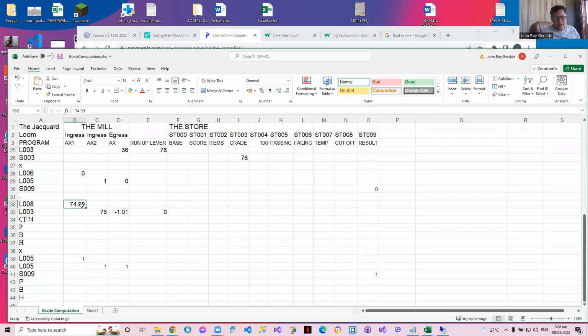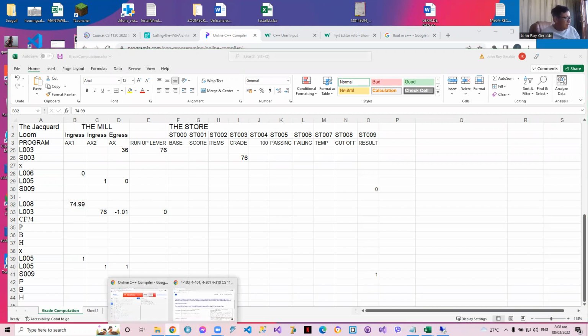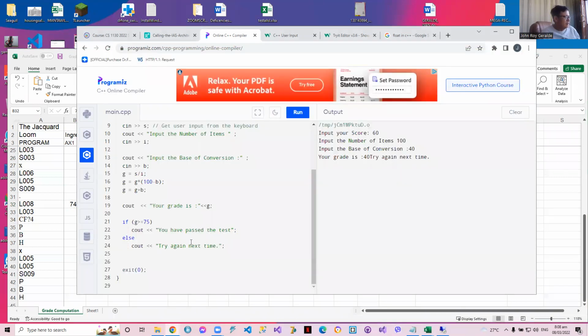When you say it's greater than or equal to 76, divided by 100, is that correct? Score over items times 100 minus base.